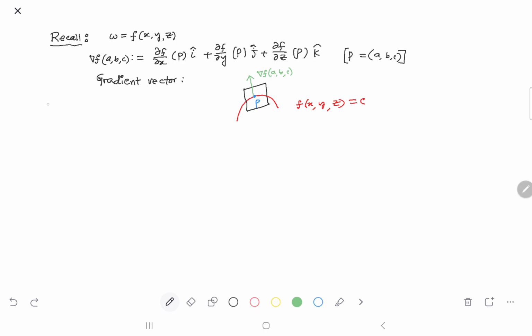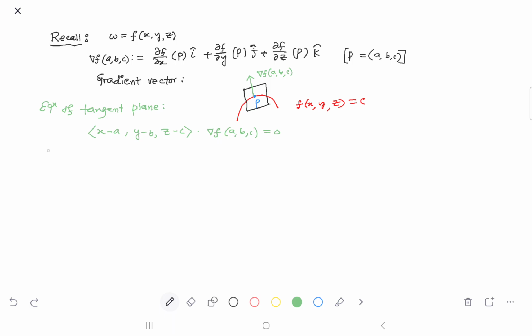The equation of the tangent plane is given by x minus a, y minus b, z minus c, dot gradient of f at a, b, c equals 0. This will give you the equation of the tangent plane at the point a, b, c of the level surface.